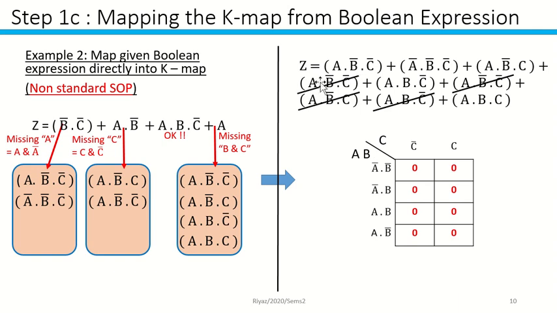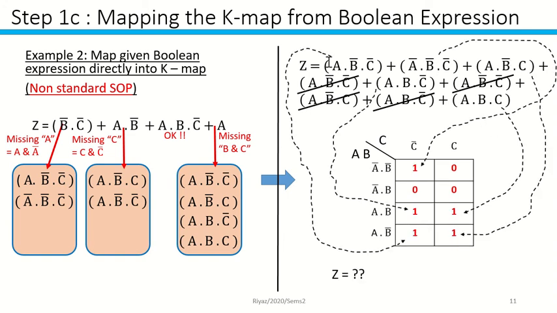So when you eliminate all the repetition, you're going to have 1, 2, 3, 4, and 5. So here now you just rearrange into the situation. For example, A dot B bar dot C bar. So A dot B bar, A dot B bar dot C bar.